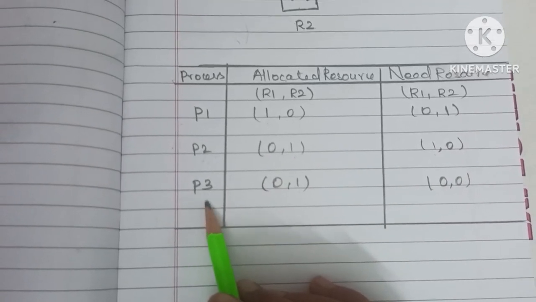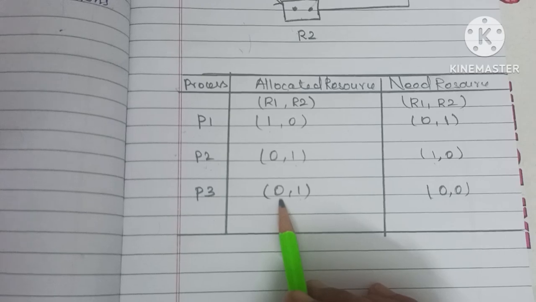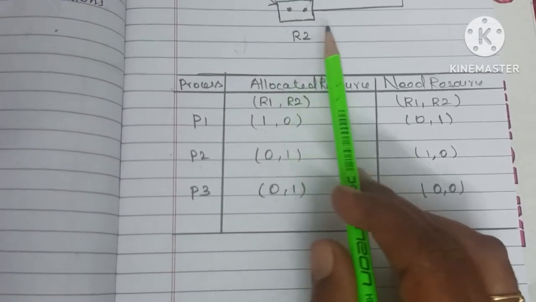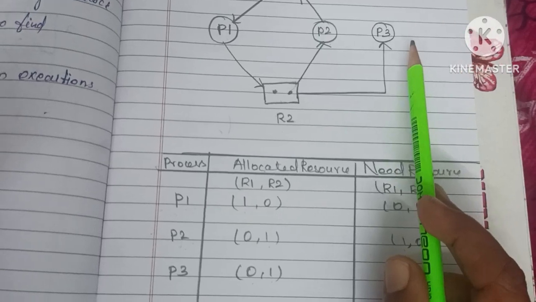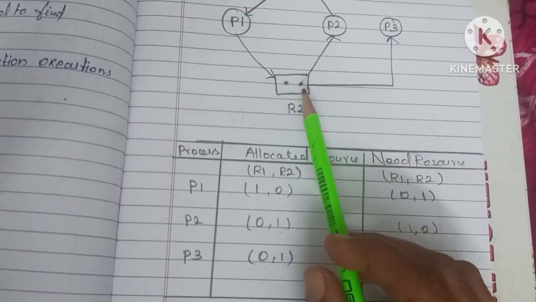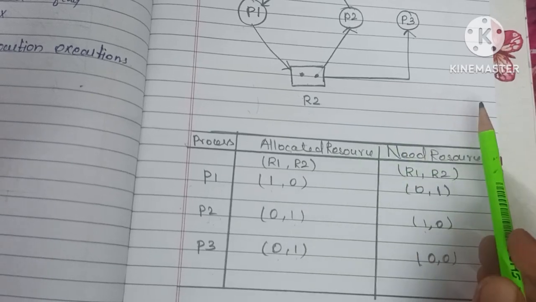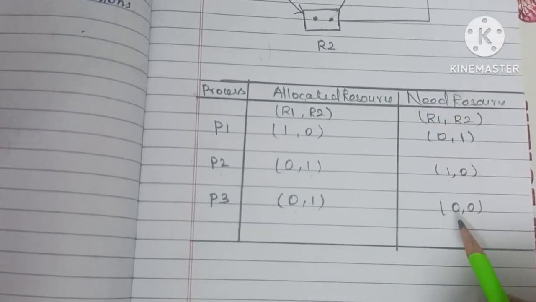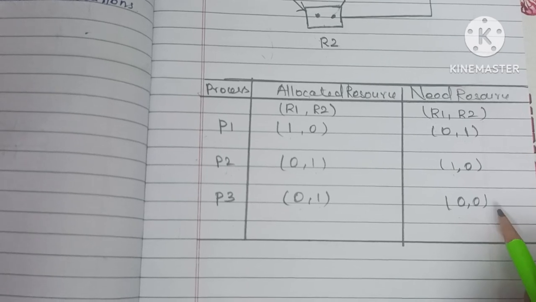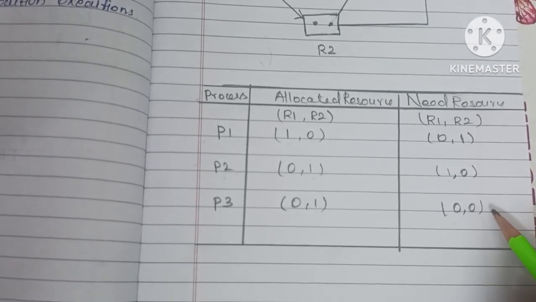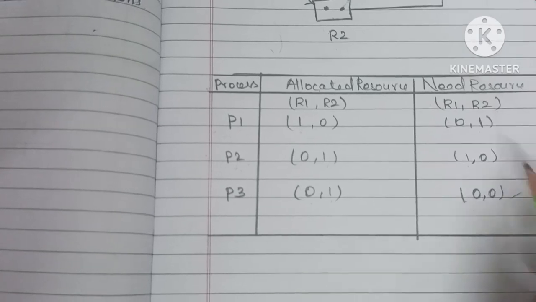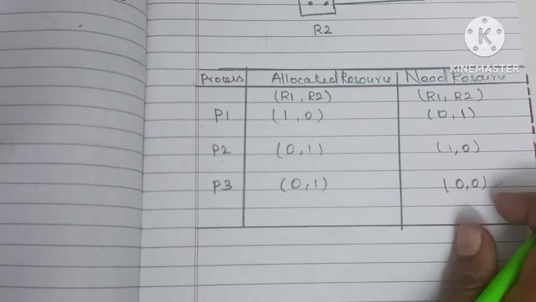Next the P3 process: R2 is already allocated to P3, so to complete its execution it does not need any resource. So the needed resource is 0, 0. By executing this P3 process, we can get one instance back from R2.